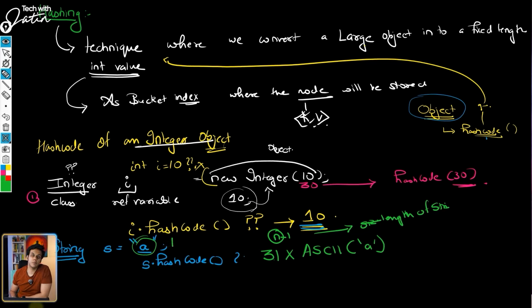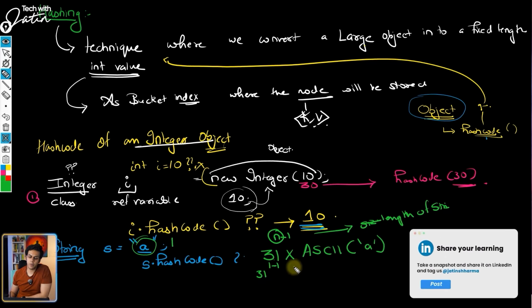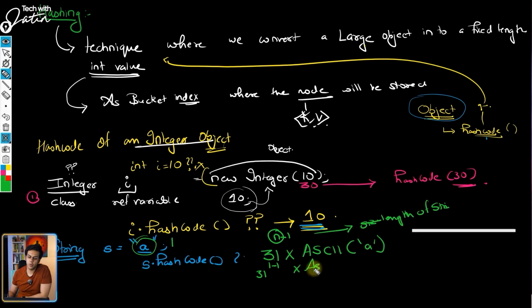What is the length of the string? You'll say 1. So 31 raised to 1 minus 1 into the ASCII of A. ASCII of A, for your convenience, is 97. So 97 into 31 raised to 1 minus 1, which is 0. Any number raised to 0 is 1.